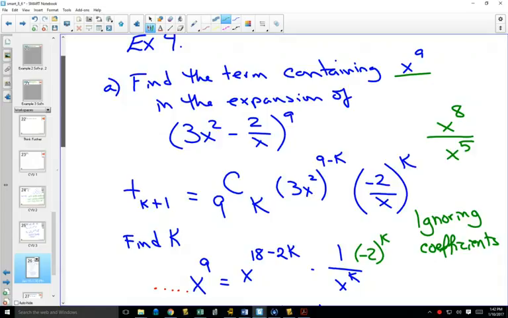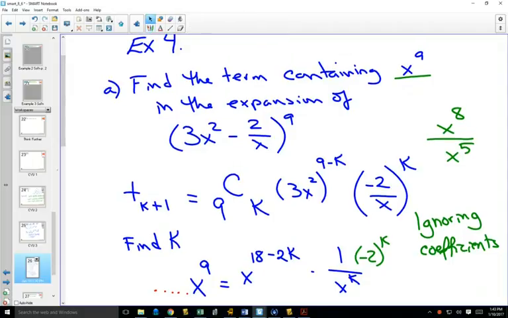Then we need the work that we've shown. But if they don't say that and they allow you to just say find the term, often you can see what k is quite quickly just by putting in a couple of values and doing some mental math and thinking how many x's are on the top, how many x's are on the bottom, what's going to happen.